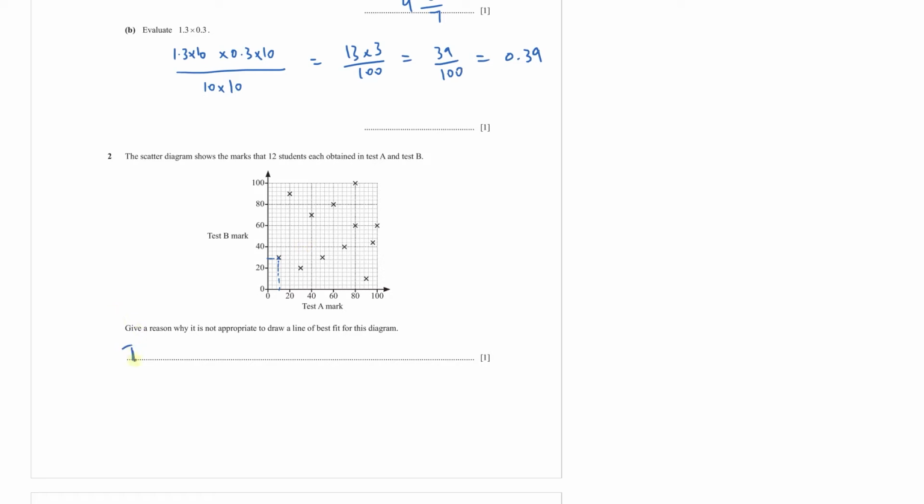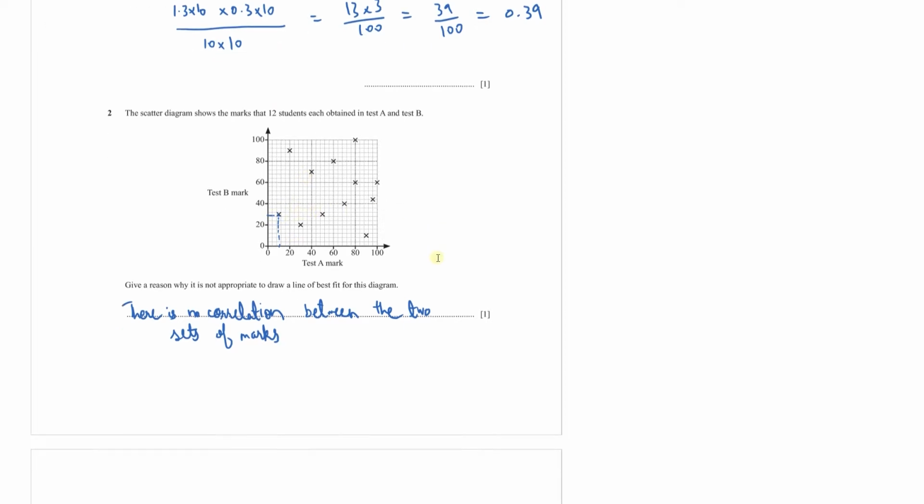So there is no correlation between the two sets of marks. So that's why it's inappropriate to draw the line of best fit.